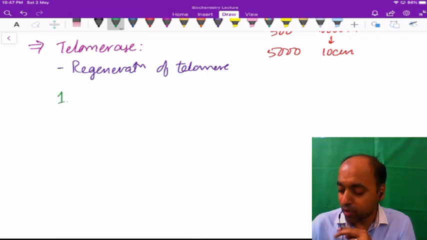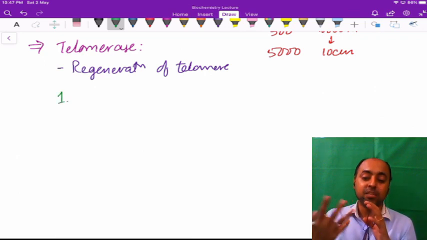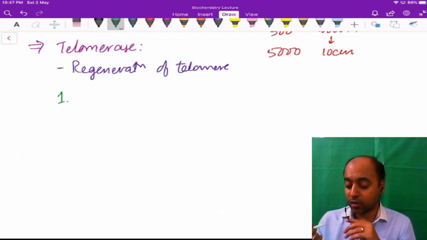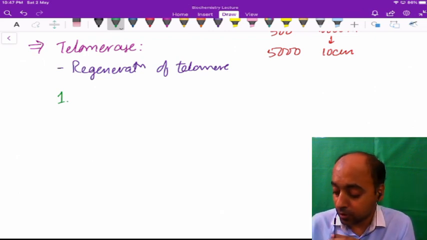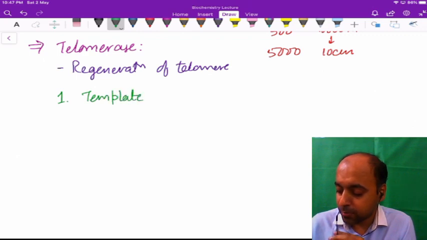A few points about telomerase. There are two primary components, although there is a very large number of proteins, but two of them are primary components. One is the template RNA.